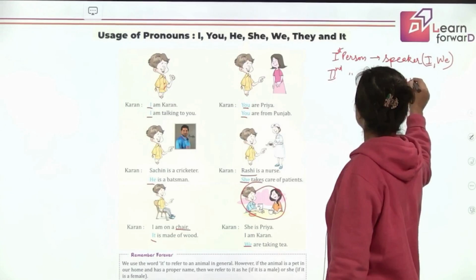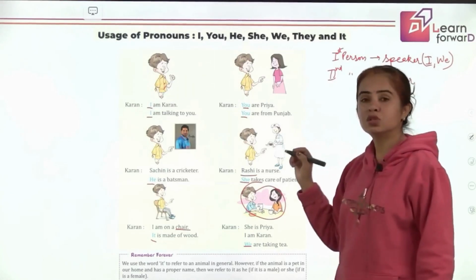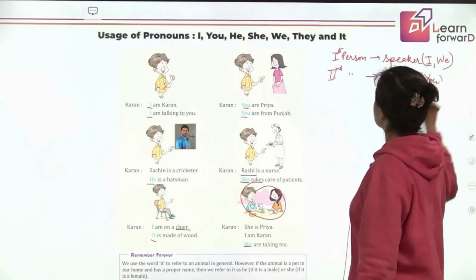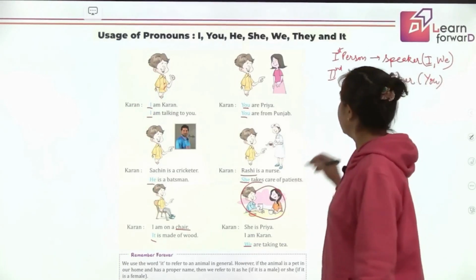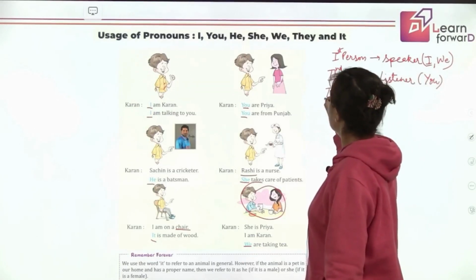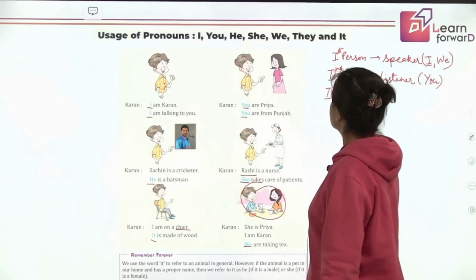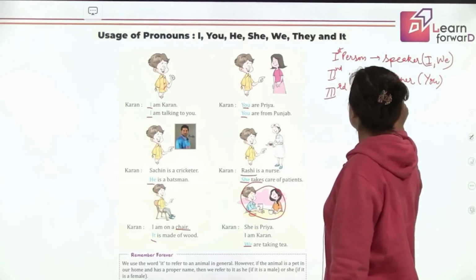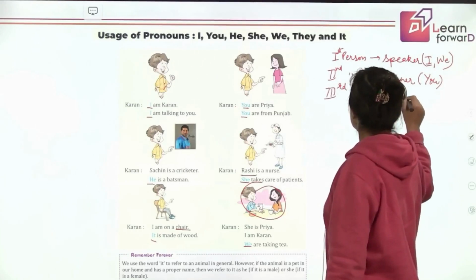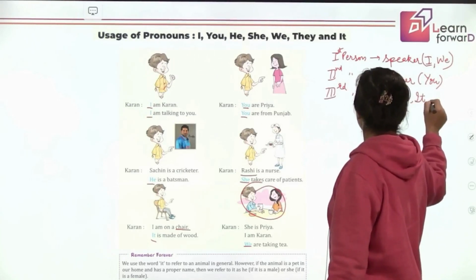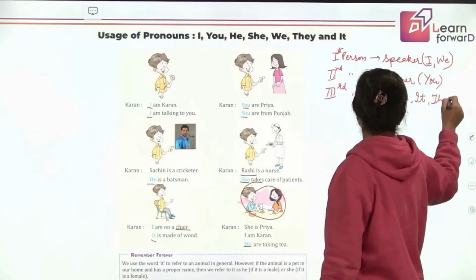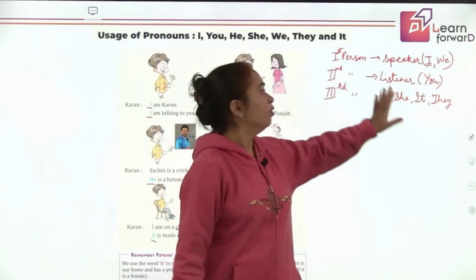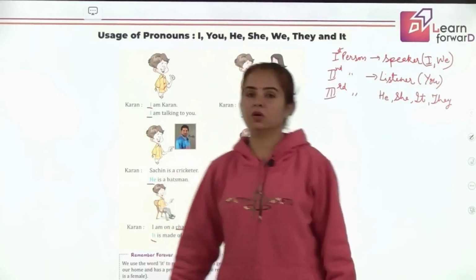That means the person to whom we are talking, and we use you for that. And then when we are talking about somebody, that becomes third person, and we use he, she, it, and when they are plural we also say they. So these are the different pronouns we have learned till now.